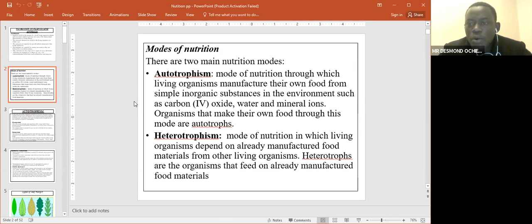The organisms that make their own food through this mode of nutrition are referred to as autotrophs.